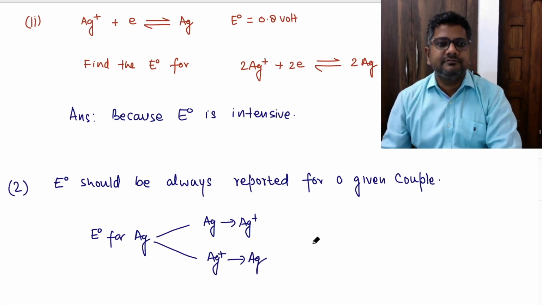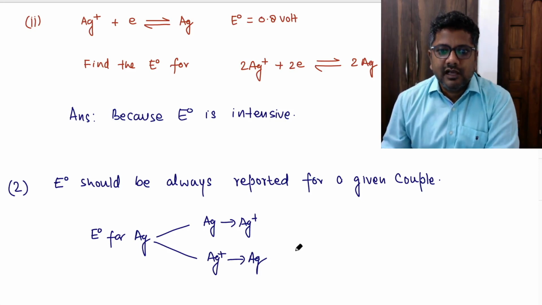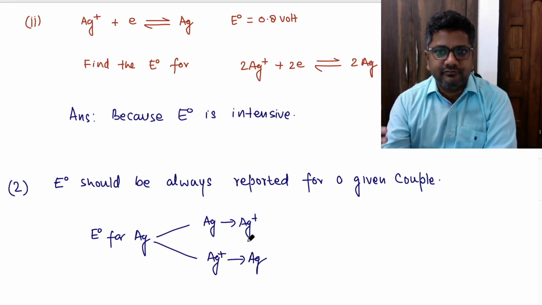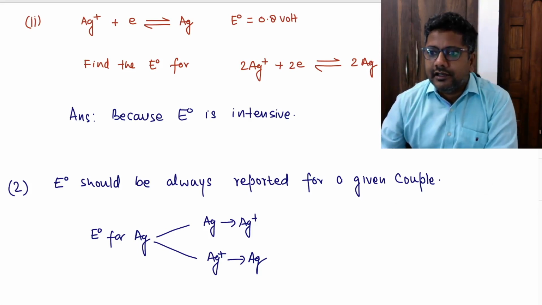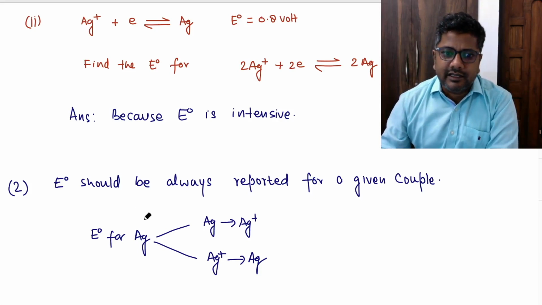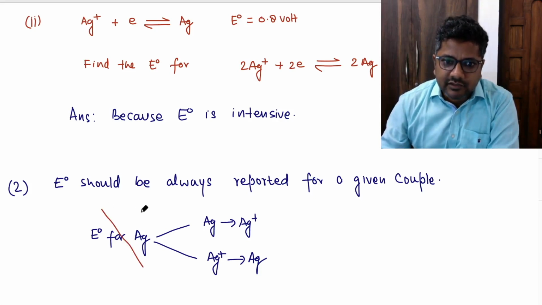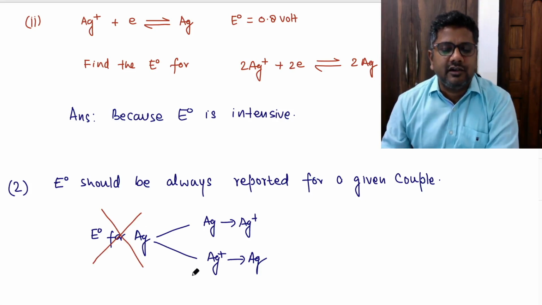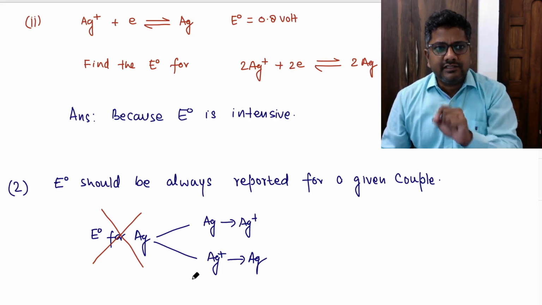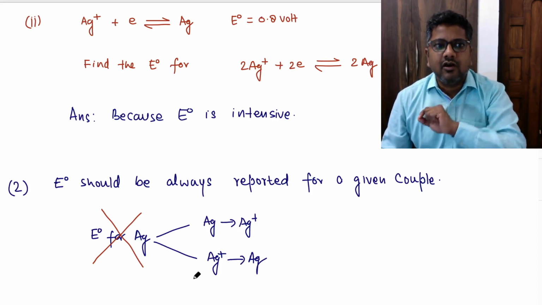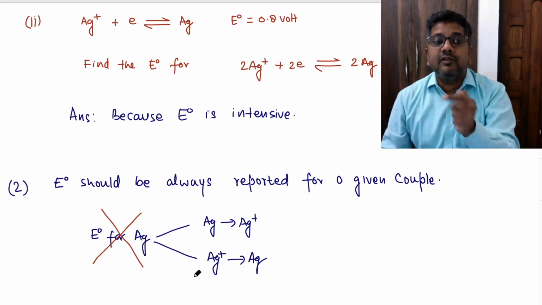You cannot decide, and both have different meaning, right? So this is a wrong interpretation, wrong explanation. E naught for silver. You should not try to express E naught like this. Don't even speak. You should always speak like this: E naught of Ag to Ag plus, or E naught Ag plus to Ag.